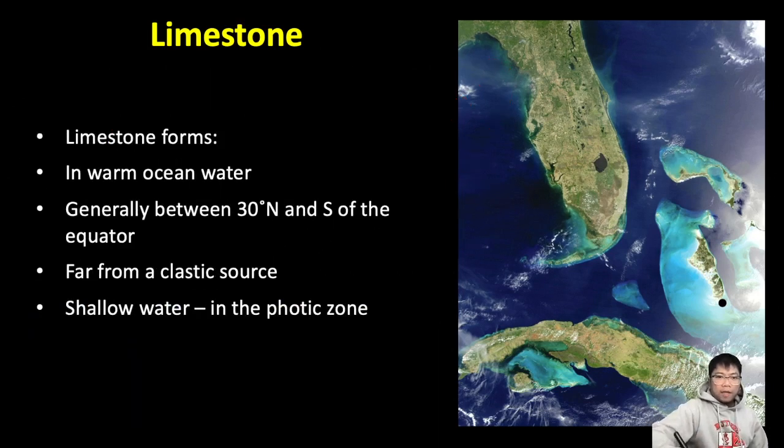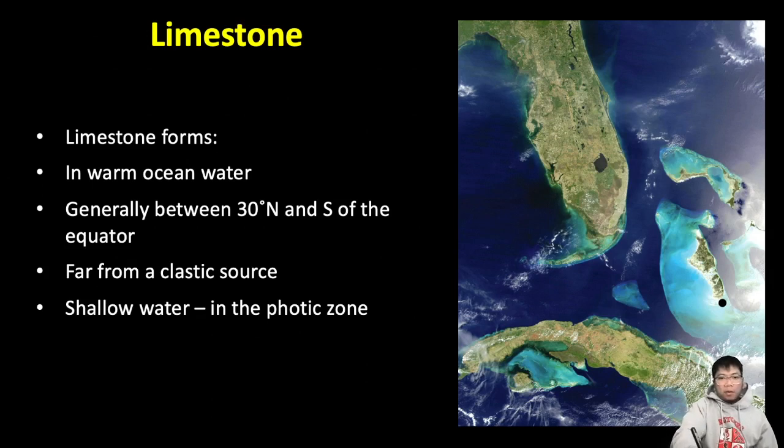Limestone forms in warm ocean water, generally between 30 degrees north and 30 degrees south, so it's around the equatorial region of the Earth. Limestone typically cannot form in high latitude regions. The reason for that is that limestone formation typically involves some organisms that usually live in shallow water, and they need a warm environment in order to live.